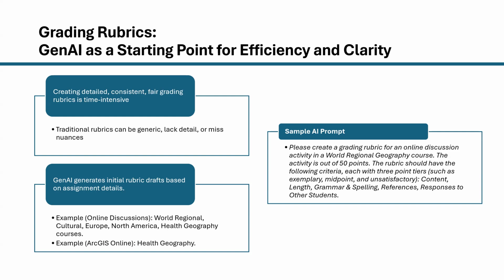I found generative AI to be very helpful in creating more efficient rubrics that students find more helpful in terms of the criteria that you can establish, the different threshold levels for points, and it's also helped me in the long run with being more efficient and also being fairer with grading, to point out if you do these things based on the rubric, you'll get this amount of points for the activity.